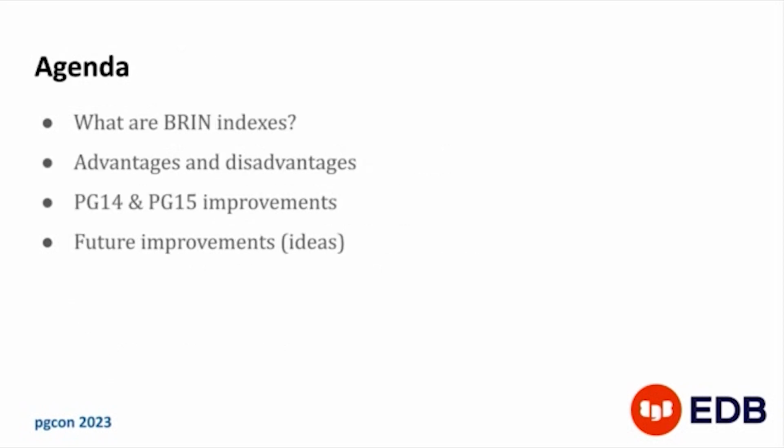So what I'm going to do during this talk is first briefly explain what BRIN indexes are. Out of curiosity, is anyone already using BRIN indexes in an application, or did they create any? Yeah, a couple of people. Then I will go into advantages and disadvantages of BRIN indexes, and we will look into some recent improvements that will hopefully illustrate what improvements are possible, right?